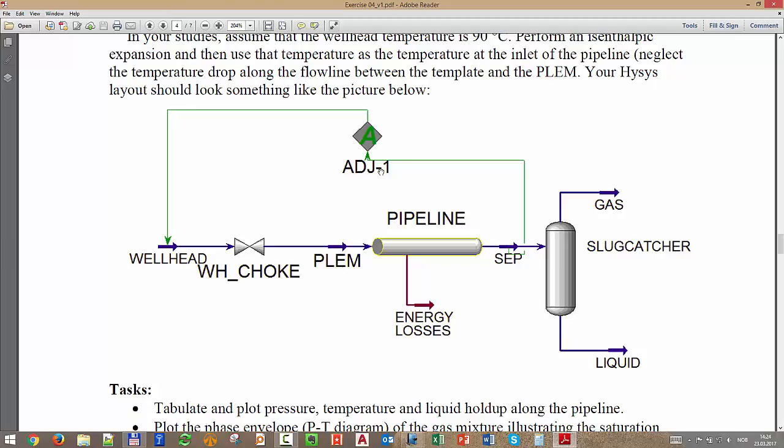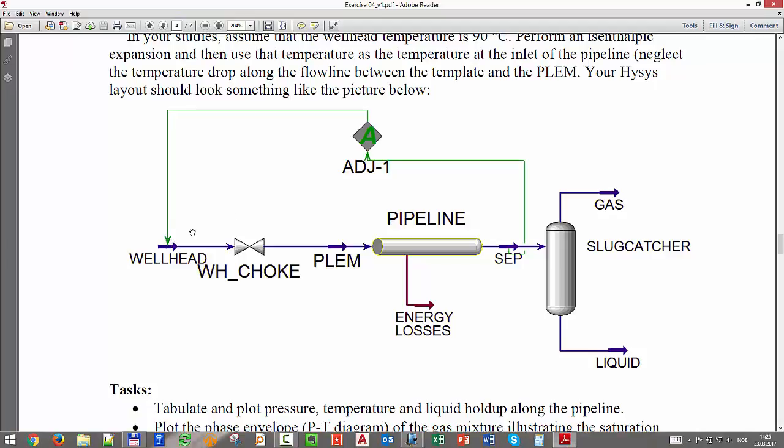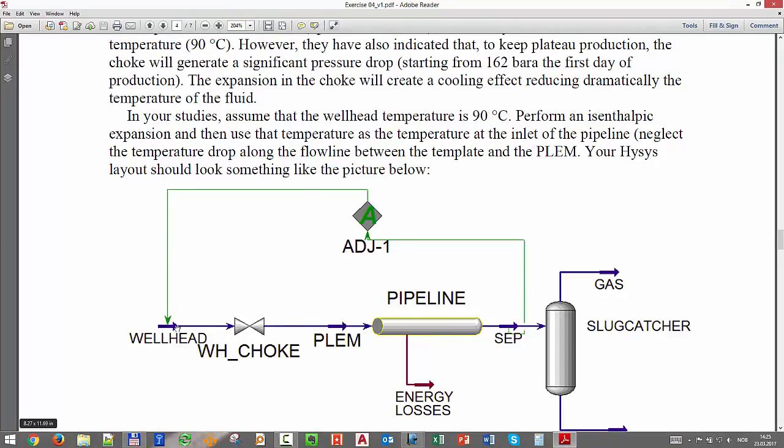Then one of the things is that we talked on Tuesday about what the expansion in a choke does to temperature. You see that the reduction in temperature is very dramatic. So I want you to add, because we know that the temperature of the wells is very similar to reservoir temperature, like 90 degrees. But then you have a very strong expansion that you calculated.